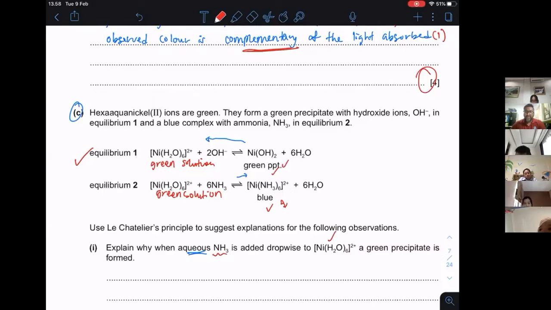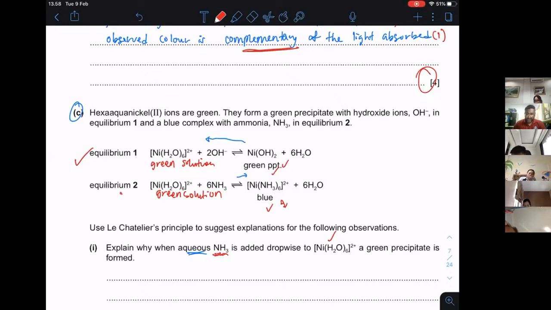Please remember this. They are going to have ammonium ion and also hydroxide ion. Even though I'm adding ammonia, I am not going to use equilibrium 2, because it's aqueous, and OH- is being formed when you have ammonia. So you are going to get ammonium and hydroxide.